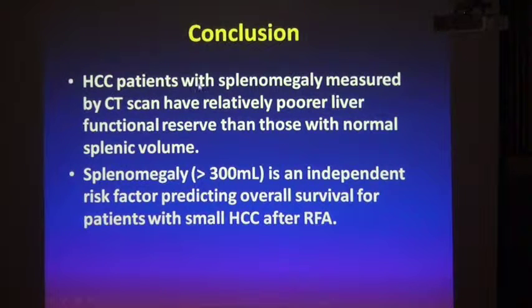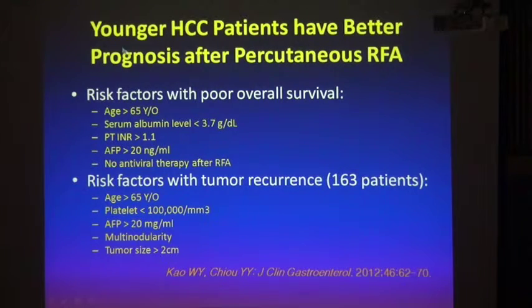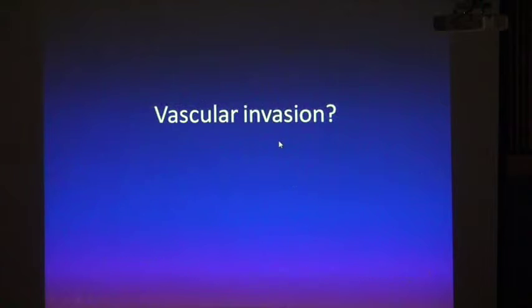So the HCC patients with splenomegaly measured by CT scan have a relatively poor liver function reserve than those with normal splenic volume. So splenomegaly larger than 300 cc is a very important risk factor predicting the overall survival of patients. And the age, we found that the younger patient had better prognosis than the older patient after the IFA.